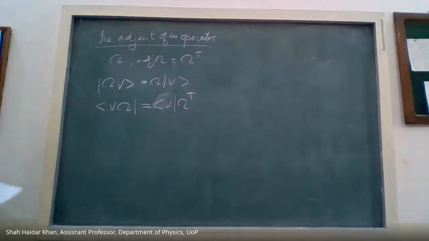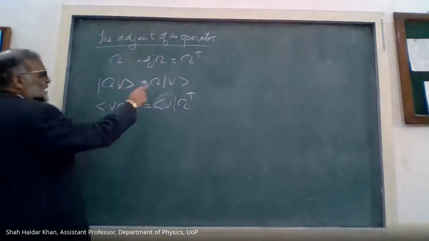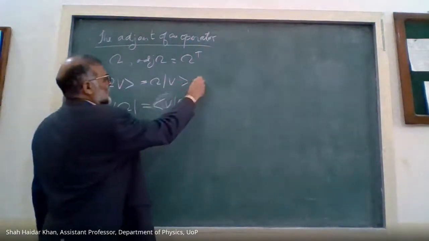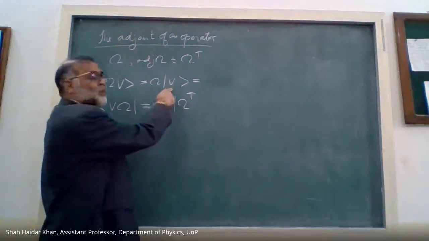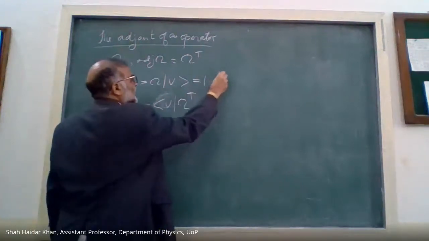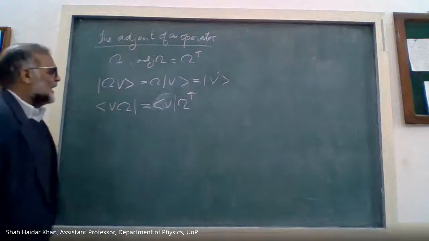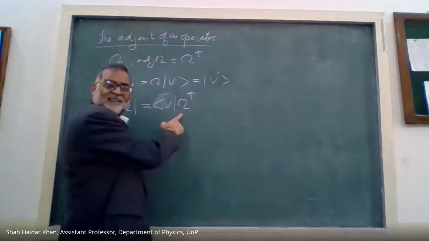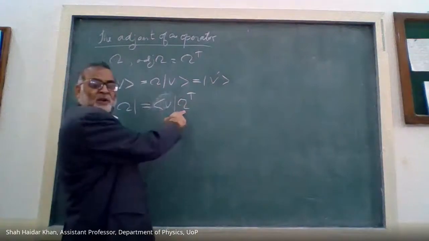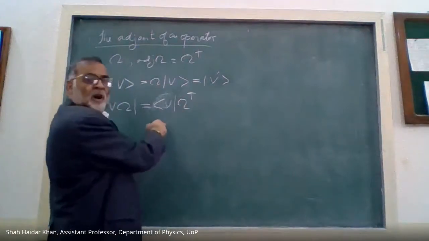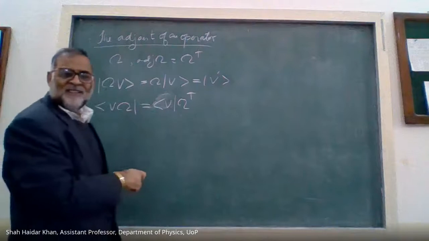So, if we say this is an operator which turns ket V into some V prime, then omega dagger, or the adjoint of this operator, is an operator which acts on a bra.